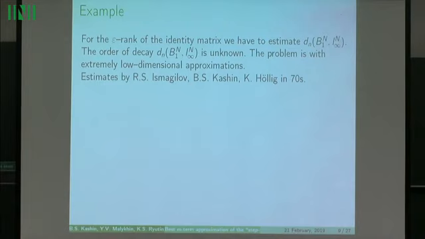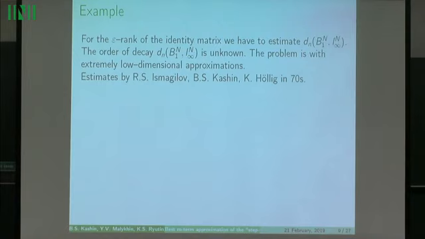As all of us know from first year, the most simple matrix is more or less the identity matrix. So when they introduced this notion of the epsilon rank, the first candidate to look at and try to estimate is the identity matrix. But here they arrive at a problem which is not solved, and the result is not known even today. The order of the decay of the Kolmogorov width of this octahedron is unknown.